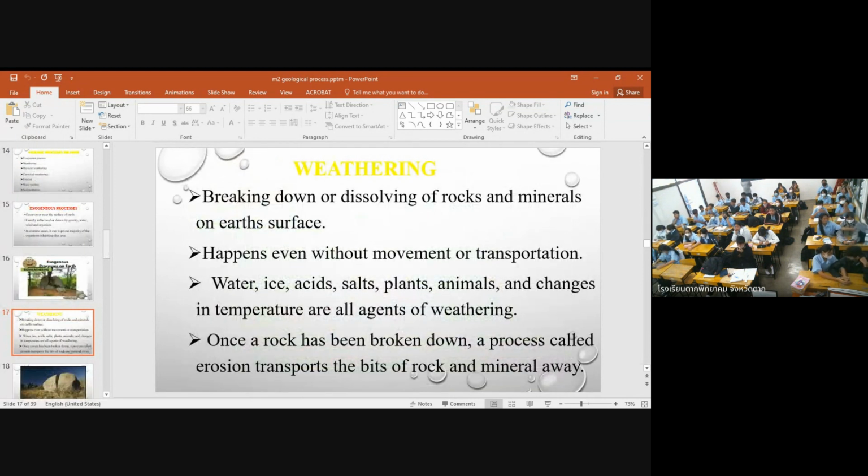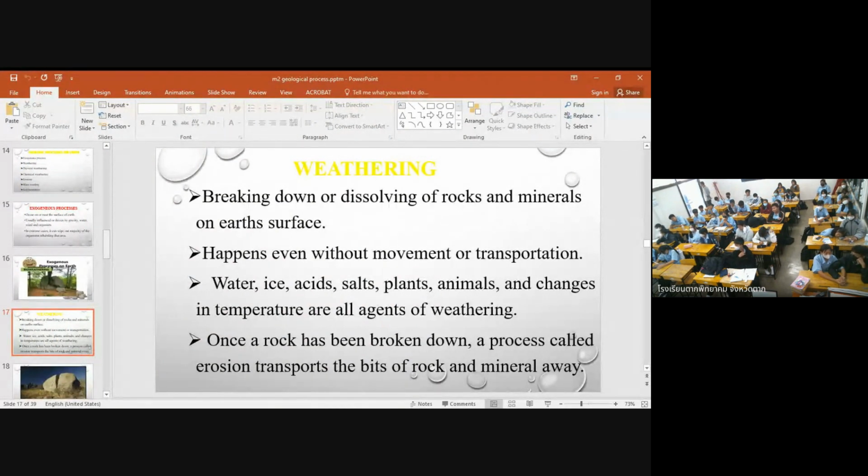Okay, next is weathering. We have the breaking down or dissolving of rocks and minerals on Earth's surface. It happens even without movement or transportation. Water, ice, acid, salt, plants, animals, and changes in temperature are all agents of weathering.